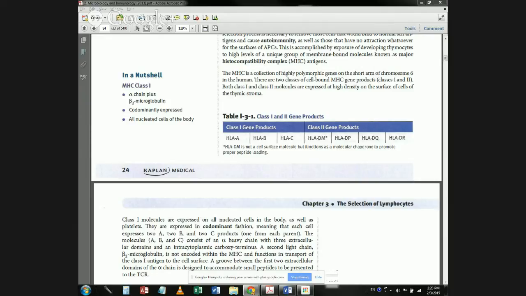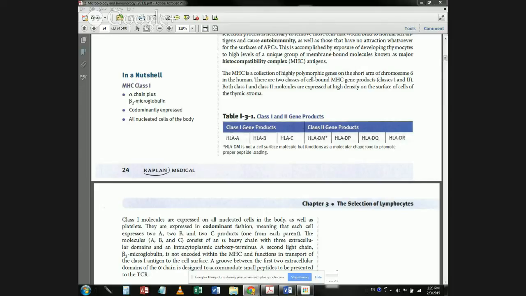And they are expressed in a codominant fashion, meaning that each cell expresses 2 HLA-As, 2 HLA-Bs, and 2 HLA-Cs, one from each parent. Unlike when we were doing the recombination, where if one chromosome ends up producing a functional product, the other chromosome is pretty much shut off.